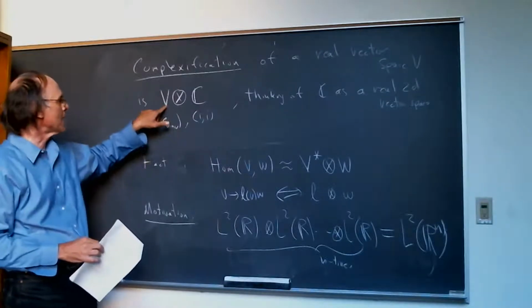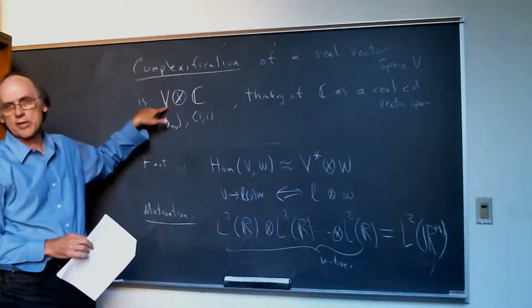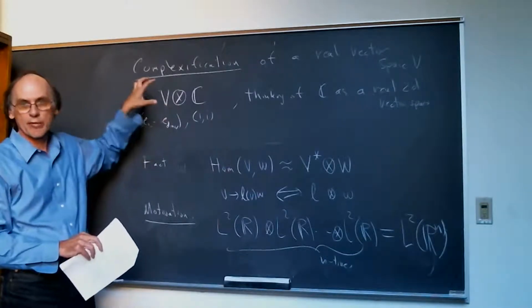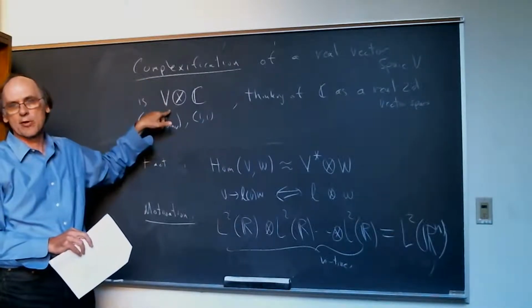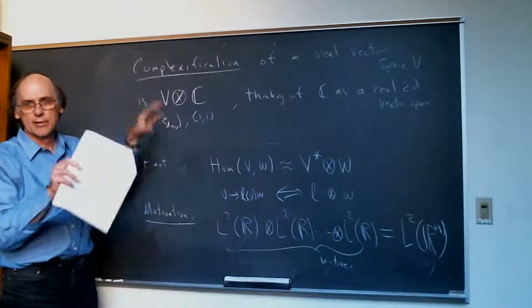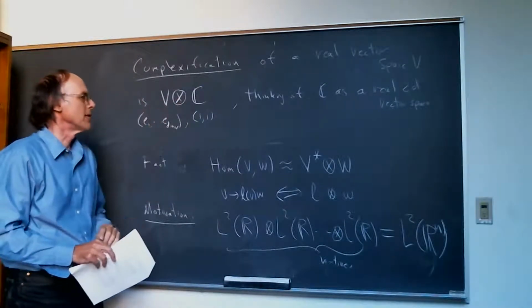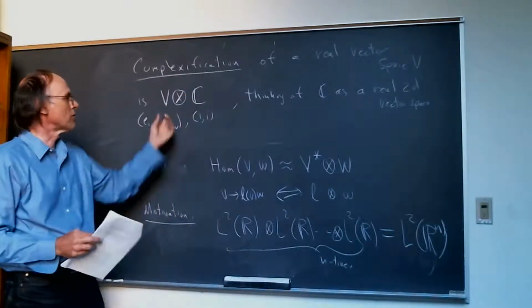You may be given this as something defined in terms of complex numbers, but it's a real vector space where you're only allowing real linear combinations of those things built out of complex numbers.